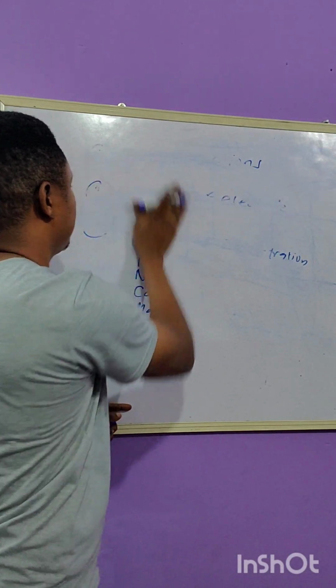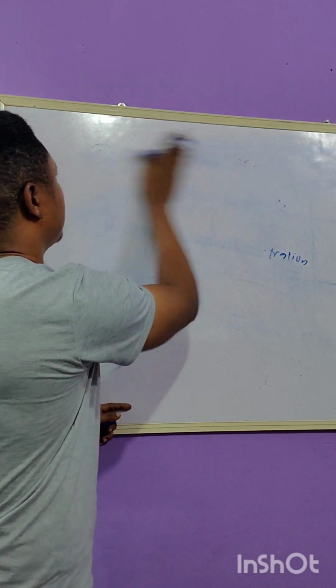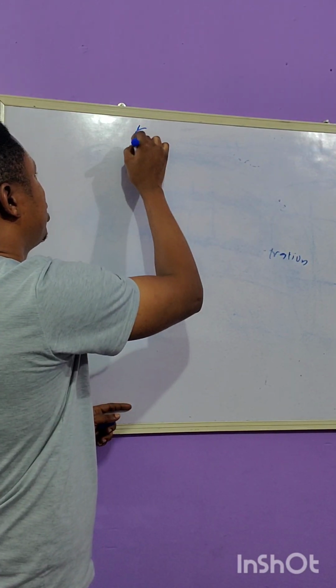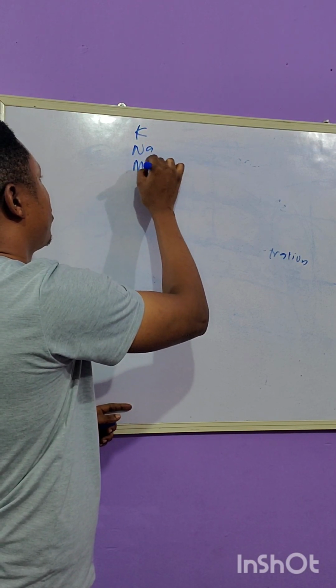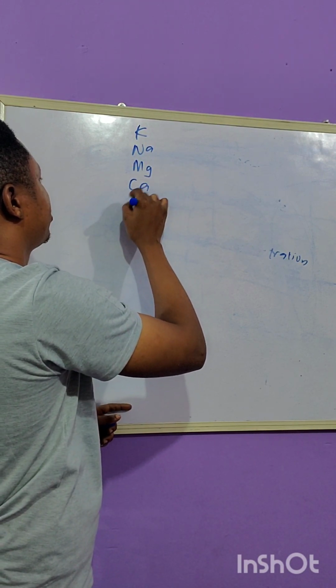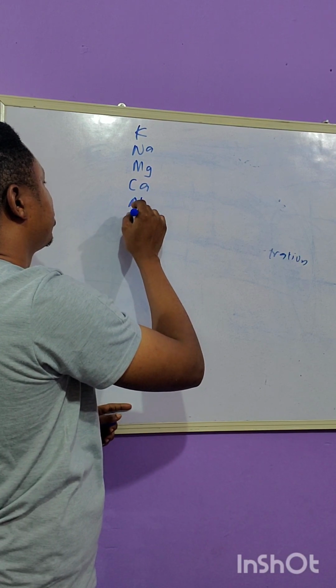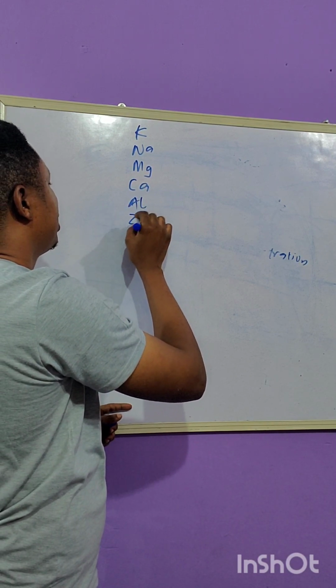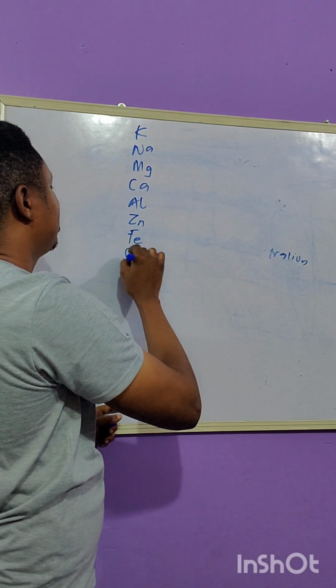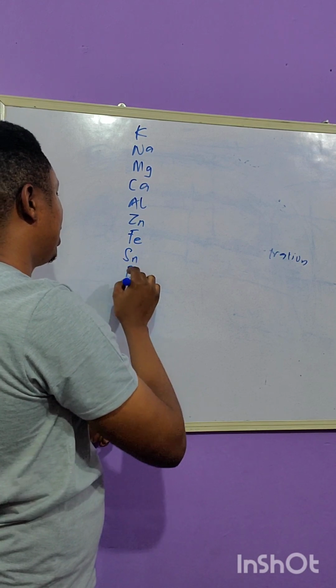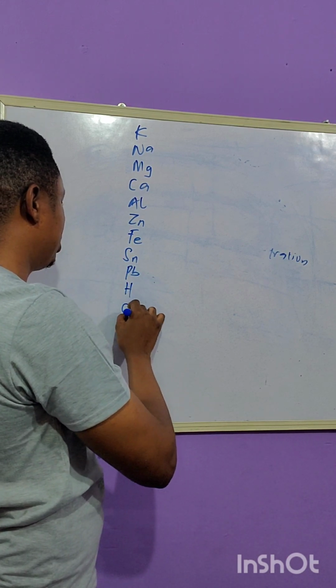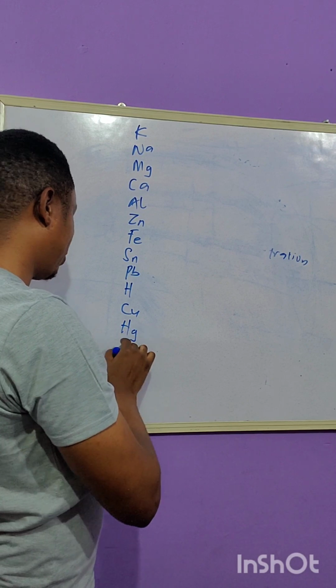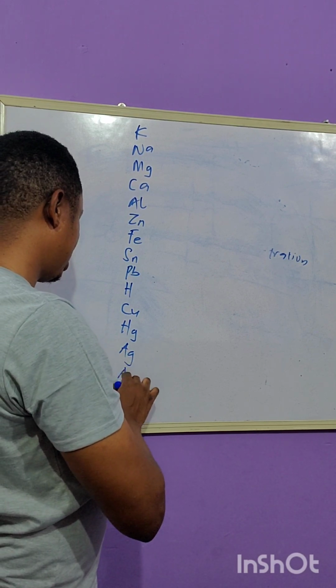Let me start from here. The top is potassium, sodium, calcium, magnesium, aluminium, zinc, iron, tin, lead, hydrogen, copper, mercury, silver, and gold.